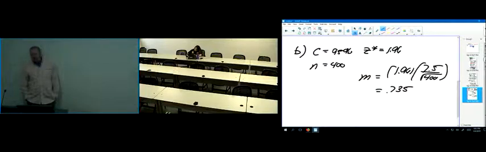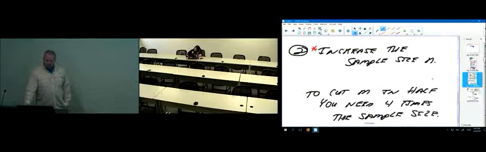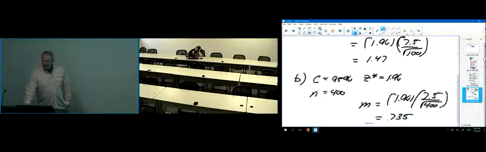Why did you have to have her do 1.47? But now all of a sudden, can you look and tell me that's 0.735? To cut the margin of error in half, you need 4 times the sample size. I went from 100 to 400, so that means I'm going to cut the margin of error in half, right? That's how I achieve it.